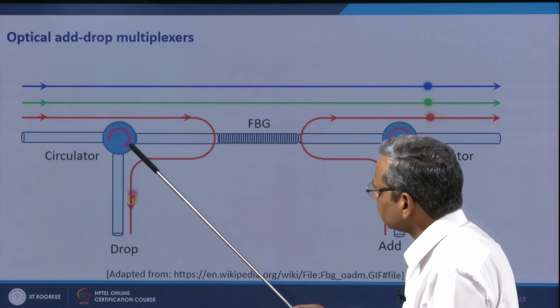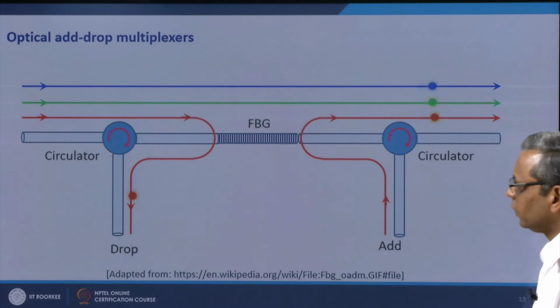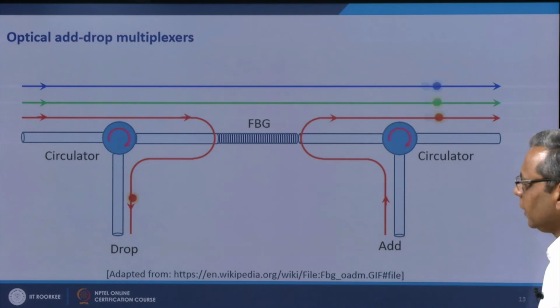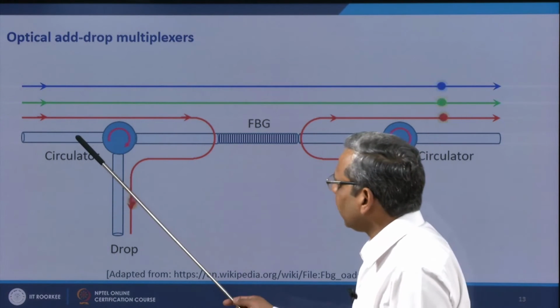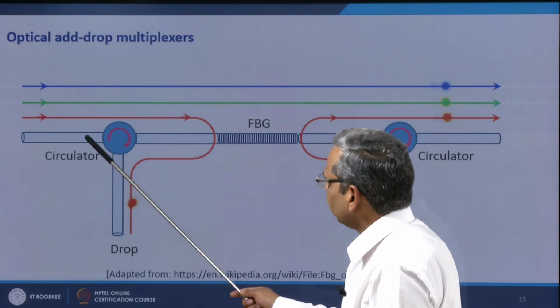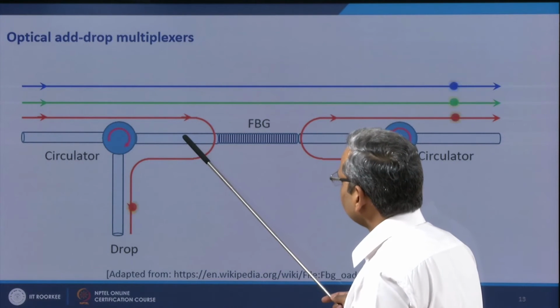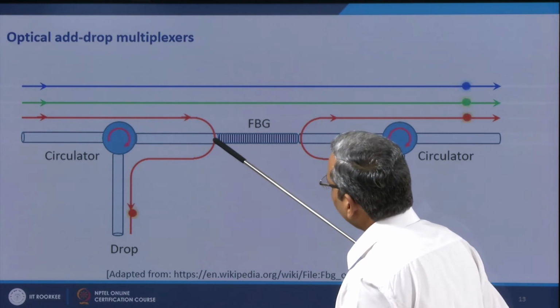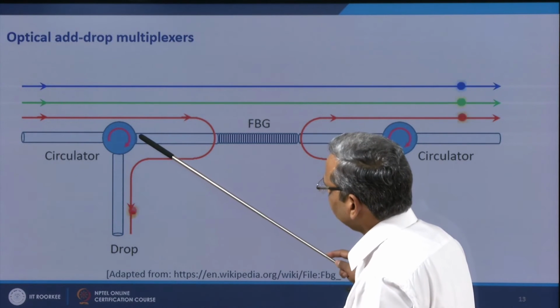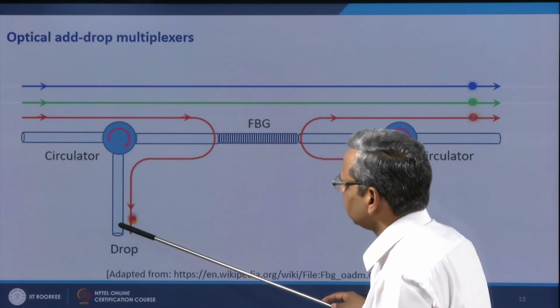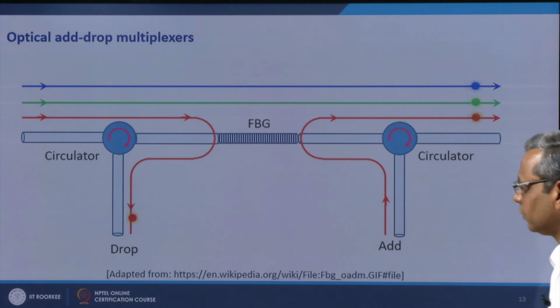I use a special kind of device here which is known as circulator. This circulator lets pass the power which goes in this direction, but whatever power comes from this end it reflects into this arm. This is known as circulator.